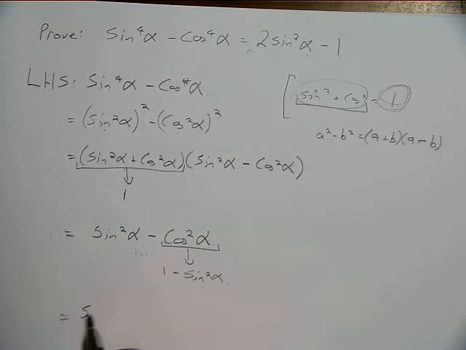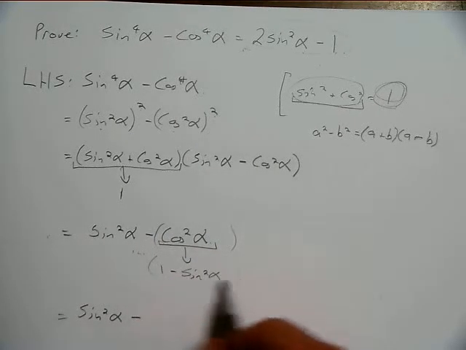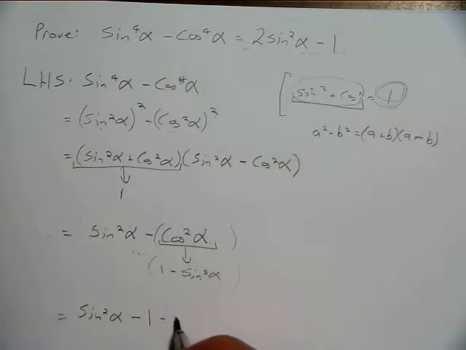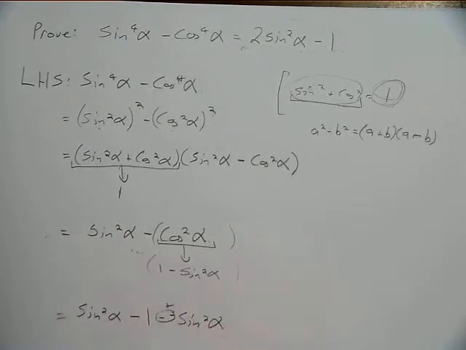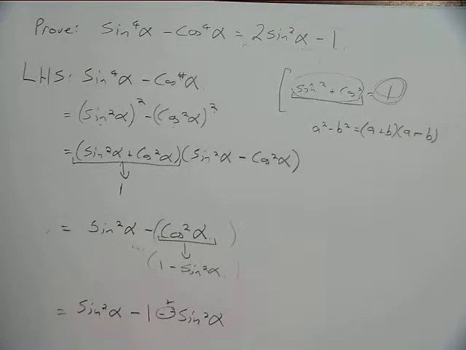So I have sine squared alpha take, now remember, I'm taking this whole thing, so I'm going to put brackets around this. So I'm taking 1, and then I'm taking away negative sine squared alpha, so that is a plus. So how many sine squared alpha do I have? Sine squared alpha plus sine squared alpha is, that's right, 2 sine squared alpha take 1.